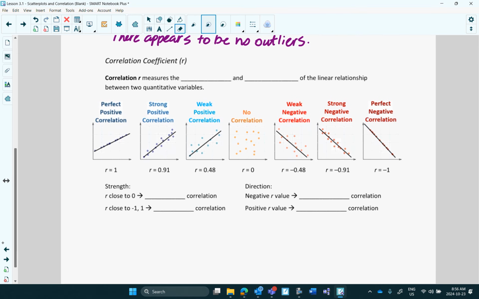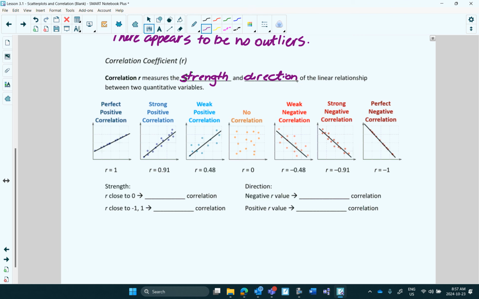Okay. So sort of the final thing here. The quantity called correlation, and it's denoted by a lowercase r. Okay. It is a numerical measure of the strength and direction.